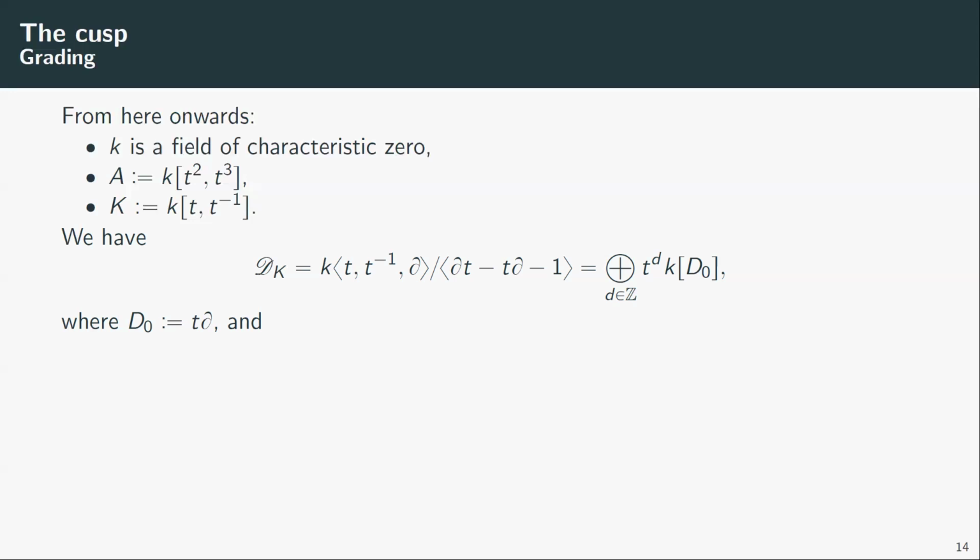Once we do so, we get that all the graded parts are of the form t to the d times polynomials in D0. And because A is a graded subalgebra of capital K, dA becomes a graded subalgebra of dK, and we have the following grading on dA.